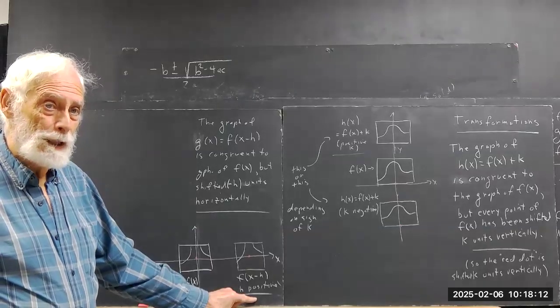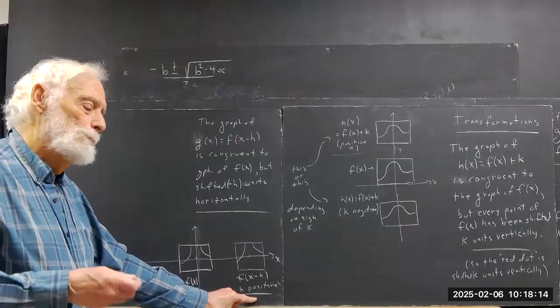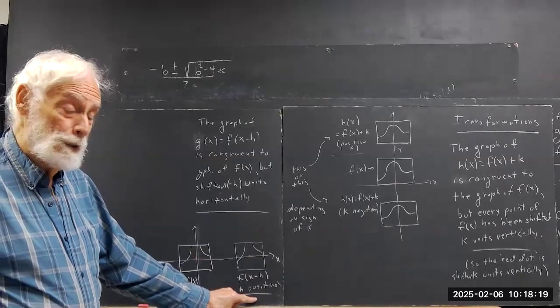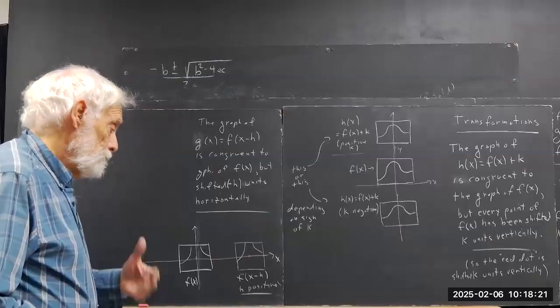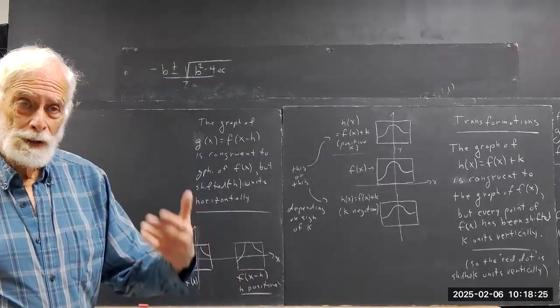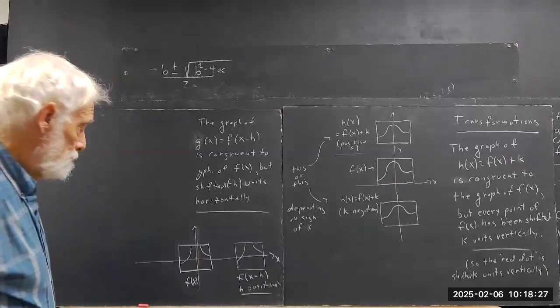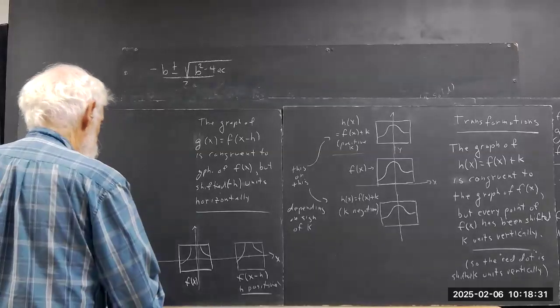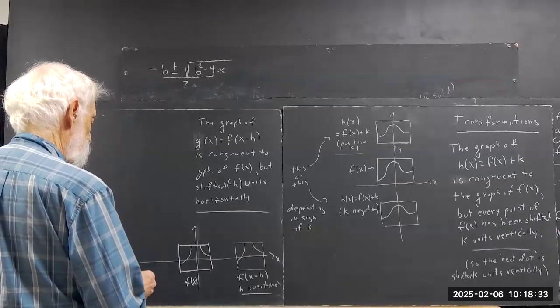If h happens to be positive, well, f of x minus 2, h would be 2, right? h would be positive and shift to the right. So if you're subtracting from x, you shift in the direction opposite to the one you think you would. We'll talk a little bit about why that is. But okay, so there's that.